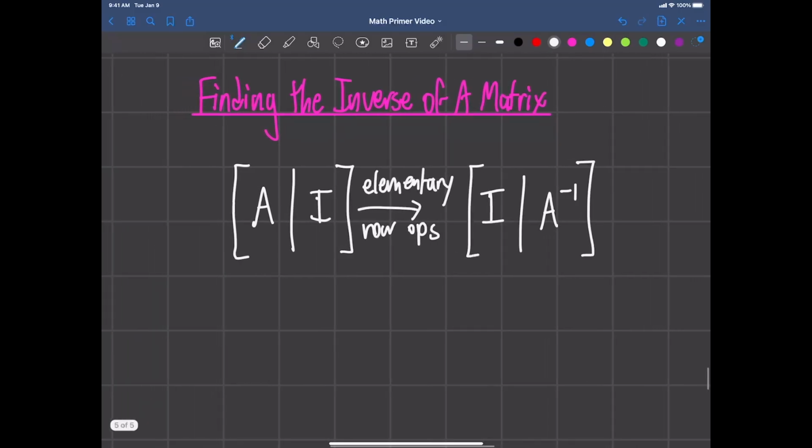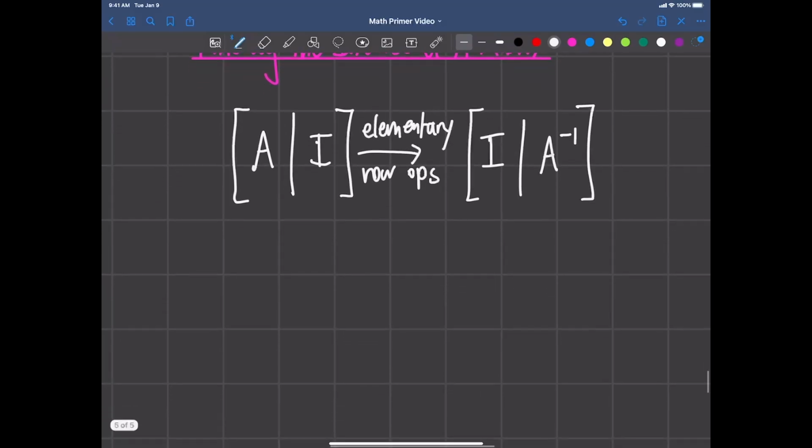So whatever operations we apply to A, we apply to the identity matrix, so that A becomes the identity matrix, and then the identity matrix will become the inverse of A. I'll show an example of this in a bit. But elementary row operations can be adding rows, multiplying rows, or swapping rows.